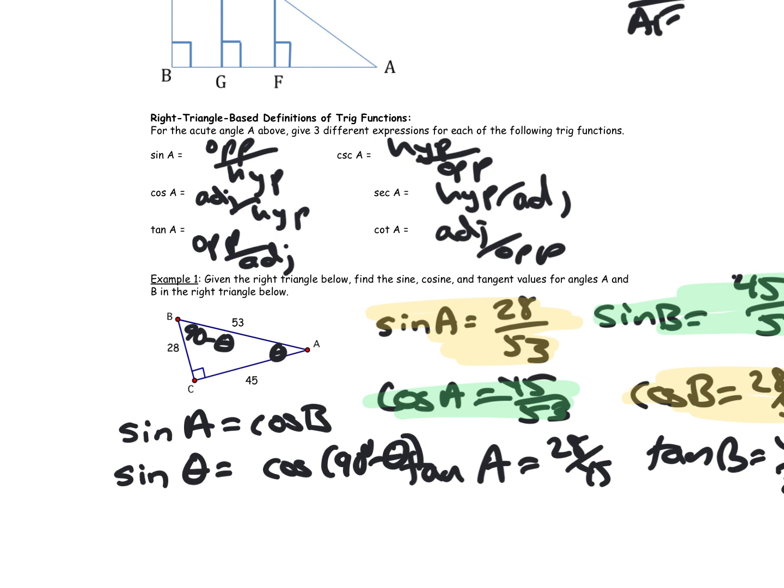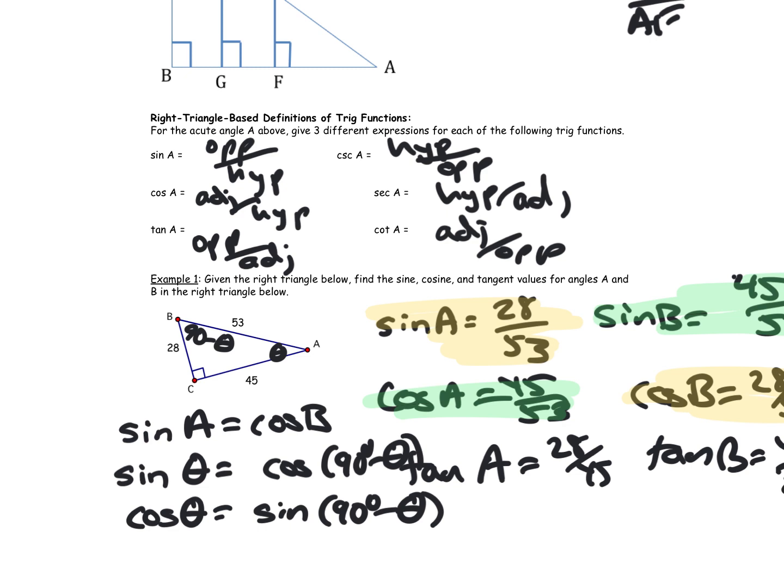I could have labeled B theta, and then A would be 90 minus theta, so the opposite holds true as well. So cosine of theta equals sine of 90 minus theta. These are indeed identities, and they're called the cofunction identities. So sine and cosine go together.